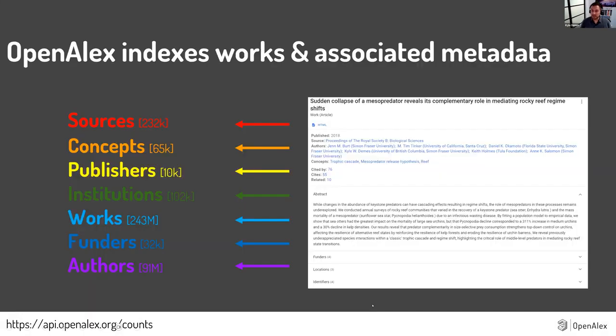Just this summer, we released a new author disambiguation algorithm that has significantly improved that, and it's reduced it to 91 million authors, finding some of these profiles that should have been merged. So we're really excited about that. But another thing I want to point out, at the bottom here, you'll see that I have an API call that you could copy and paste or type into your web browser, and you can get these updated numbers anytime you want. So you don't have to email us to find out what's currently indexed. It's there.